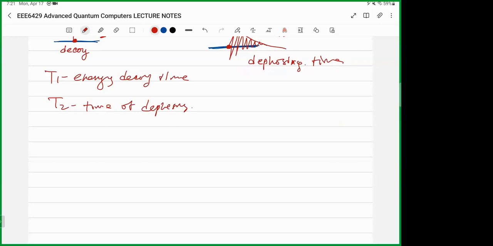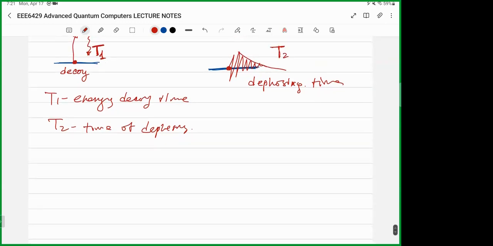Yeah, this time, decoherence time. So energy decay time, phase decay time. And typically T2 is shorter or even much shorter than the energy decay time.